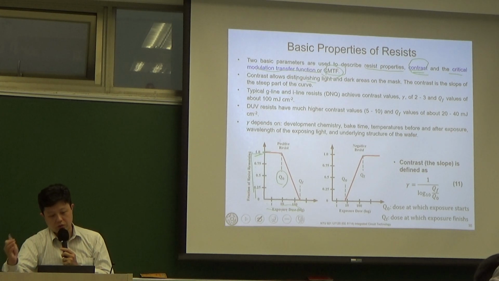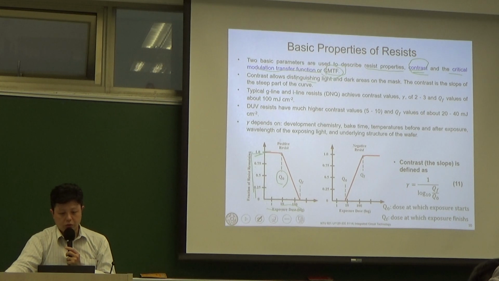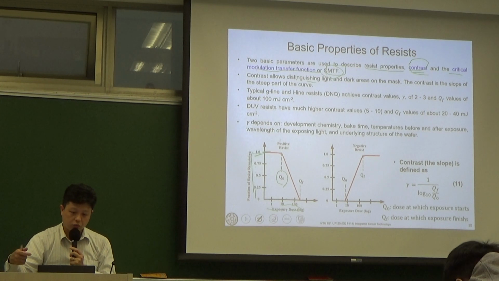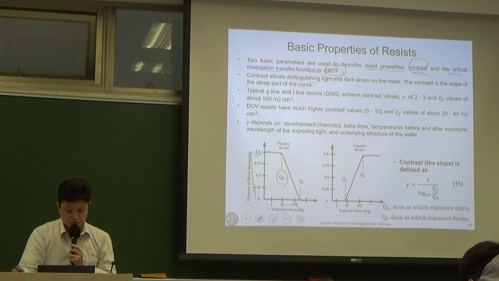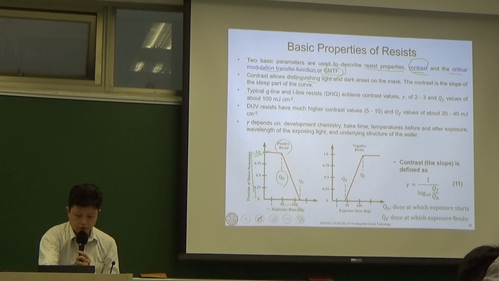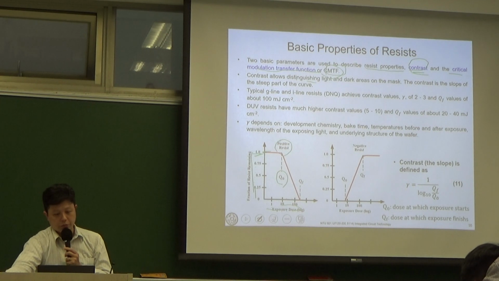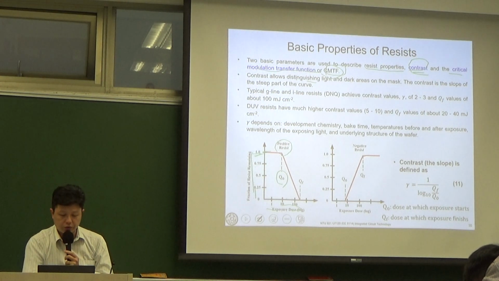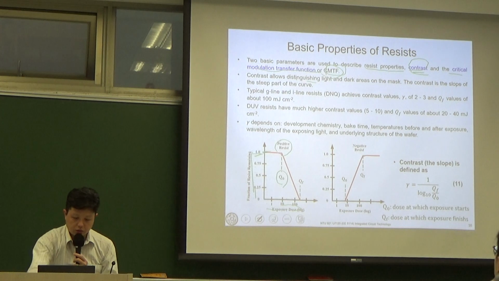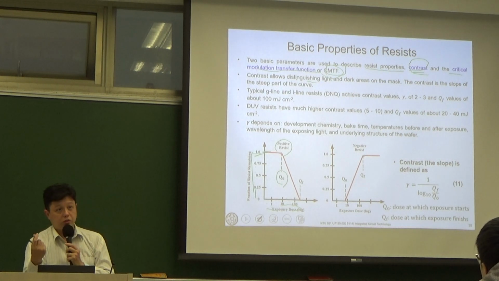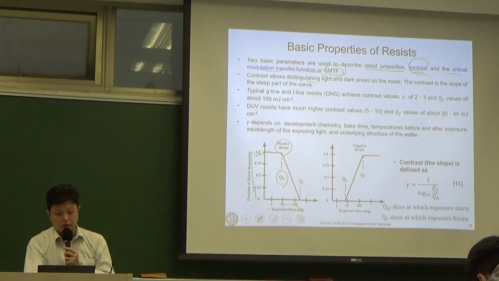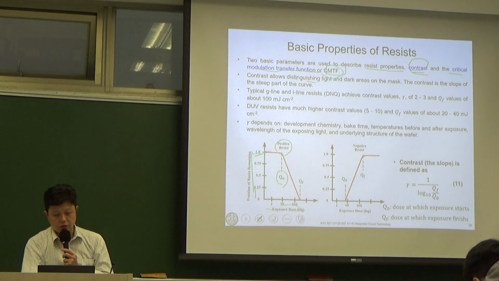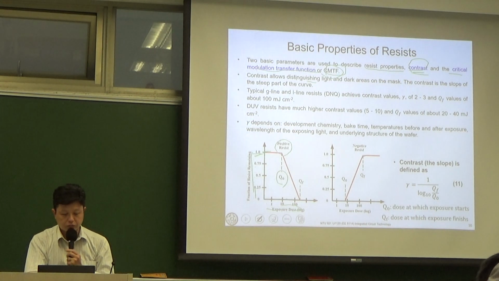So after this amount of dose, you begin to expose and react with your developer. Like in these figures for the positive resist, once you take it out from the developer, you measure the remaining thickness. Then this part of the resist has already been dissolved in your developer.